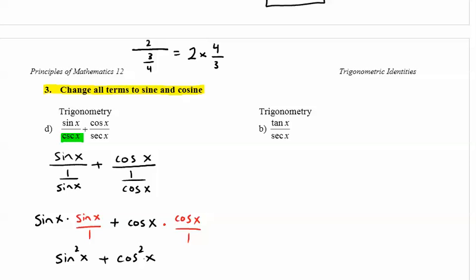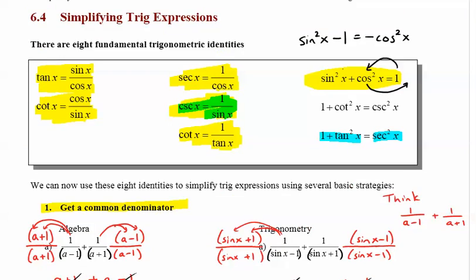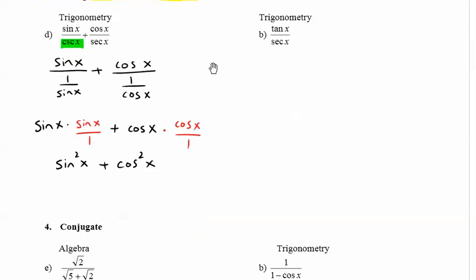And now I can look on my formula sheet again, because sine squared plus cosine squared is something else. Sine squared plus cosine squared is equal to 1. So actually this whole expression is just the number 1.